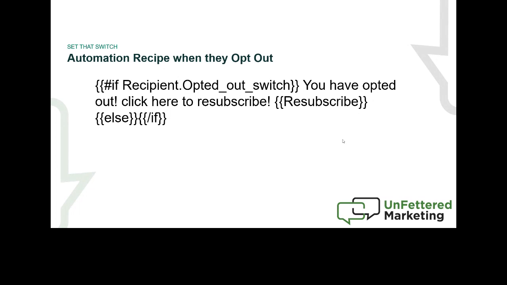But this simple little thing: if the recipient opted out, whatever your switch field name is, yes, you've opted out, click here to resubscribe. And if it's blank, they haven't opted out, don't show anything. So this message only would show up in the autoresponder if they've opted out.